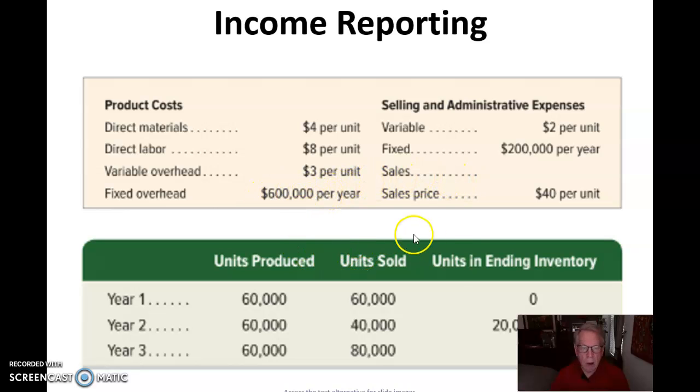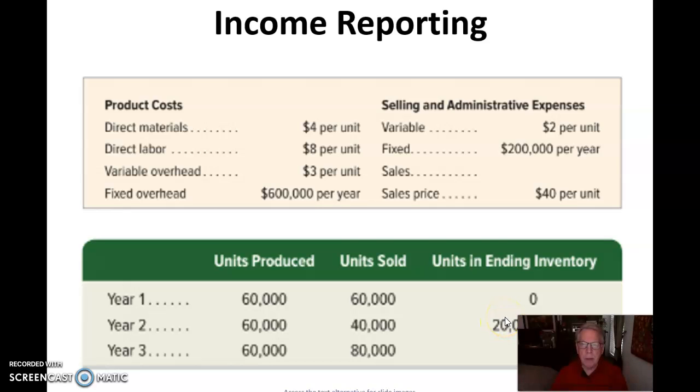And now, if I look at this, we are producing 60,000, 60,000, 60,000, but the units that we sell are going to be different. Not in year one, they're the same. But in year two, I'm producing more than I sell. That means I'll have 20,000 in ending inventory going into year three. But in year three, I sell more than I produce by 20,000 units. So my ending inventory is back to zero.